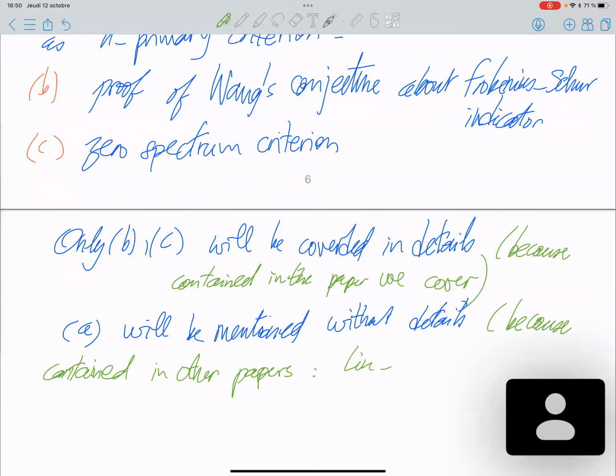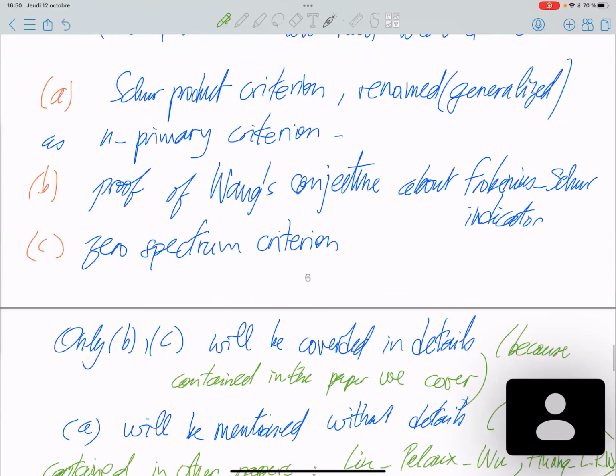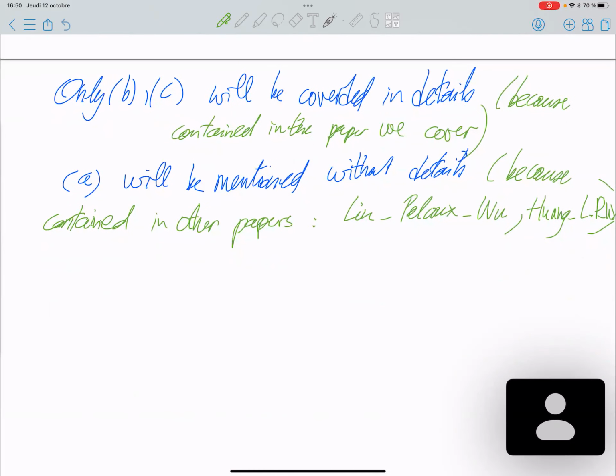One paper by Zhengwei, myself, and Yunxiang, and one other paper with the same authors. So there are two papers. One is about the Schur product criterion, and the other is a generalization called the N-category, the N-ary criterion.